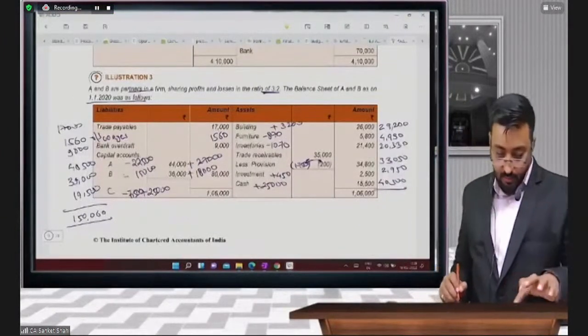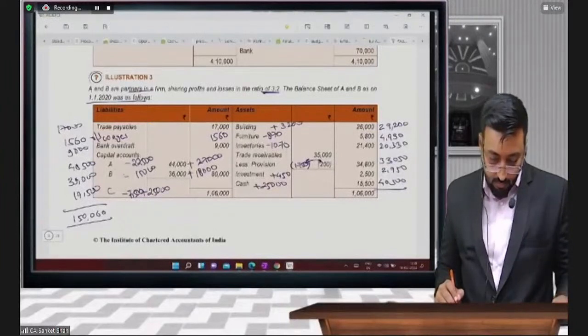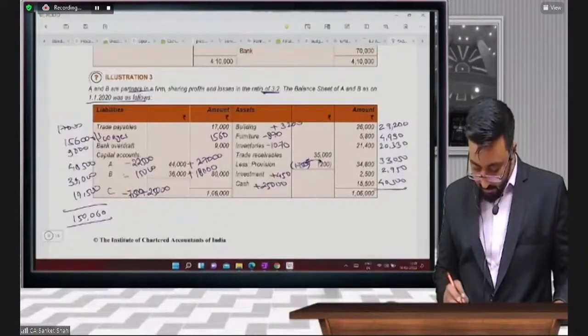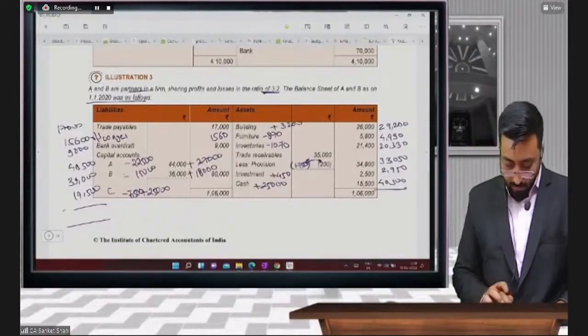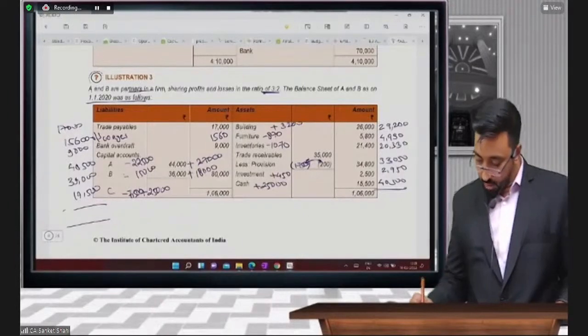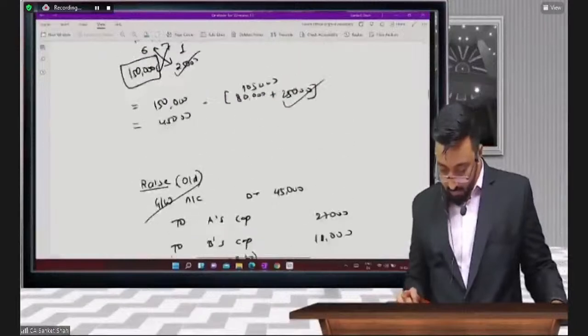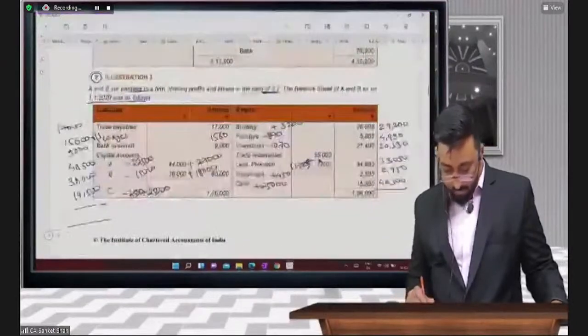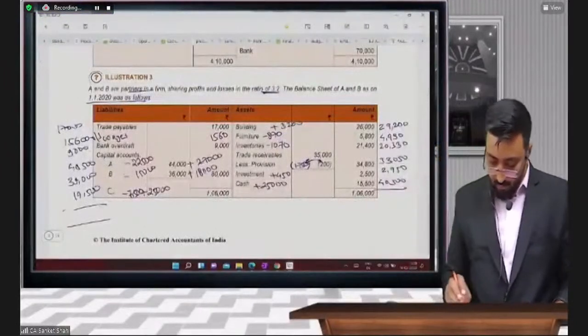Yes, which one is trade payable, 15,600. Sorry, no, it is not 15,600.